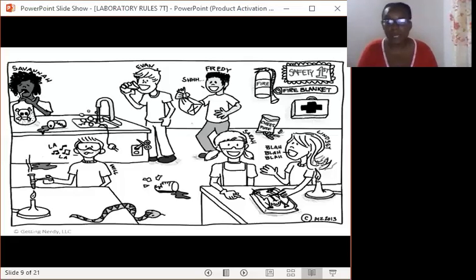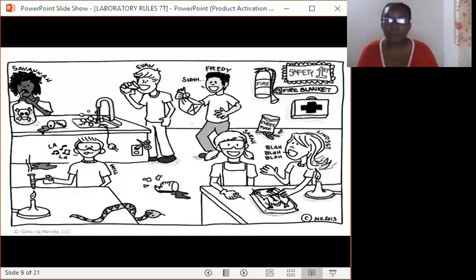So right away we draw on our lab safety rule, which says we must always clean up spills and know how to dispose of broken glass and chemicals. So that was a rule that was disregarded in this lab.